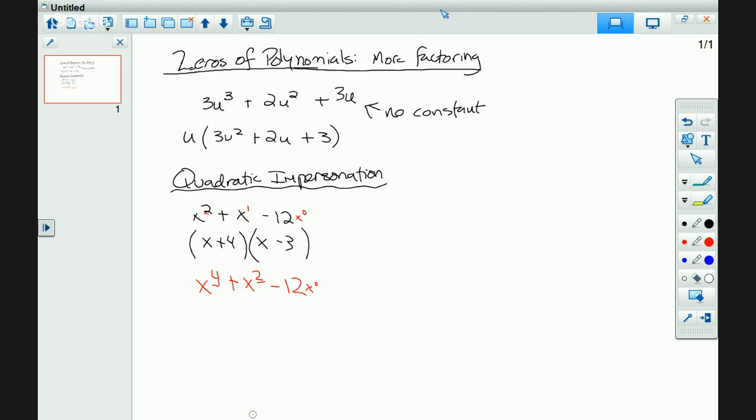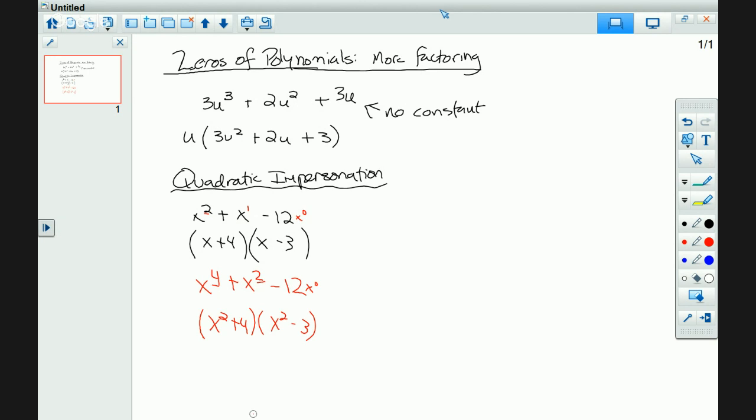So what you're looking at, does the second one cut the first one in half? What are the factors? x squared plus 4 and x squared minus 3. So if you're seeing 3 terms, this is one of those 3-term methods. 1, 2, 3 terms. You can try to factor it like a quadratic.